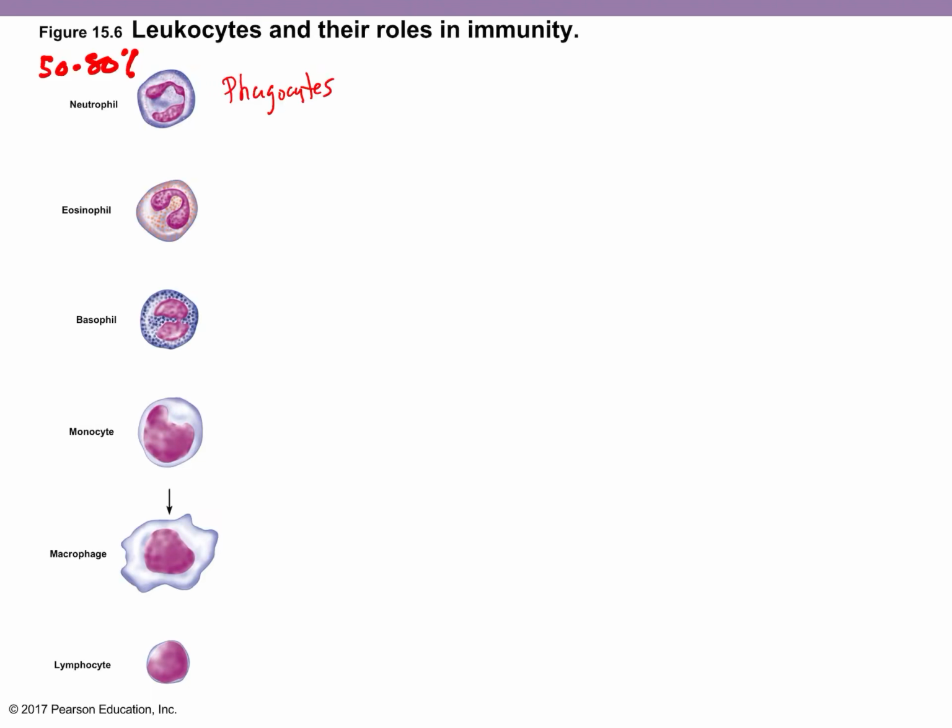So they're going to take in foreign molecules. They're going to increase in number during infections, and they're very migratory, so they're mobile. And they can migrate into the tissues to fight infection.